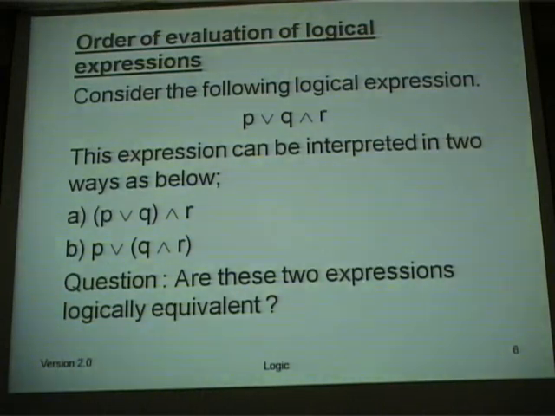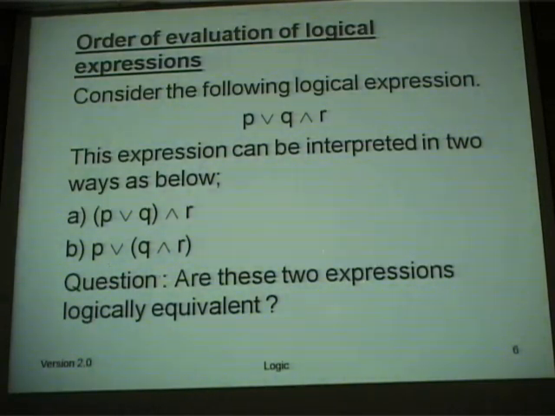Now there is a confusion about the order of evaluation of logical expressions. For example, this one, p, q, r: in which order will you evaluate? Which one do you do first, disjunction or conjunction? Depending on which one you operate first, you end up with a different root value, so you have to be very careful.